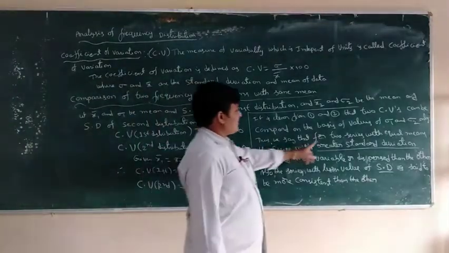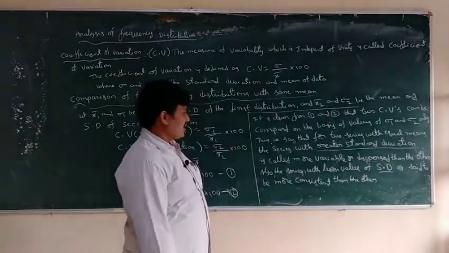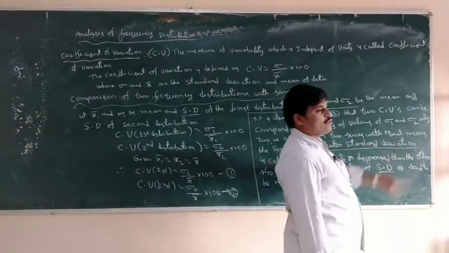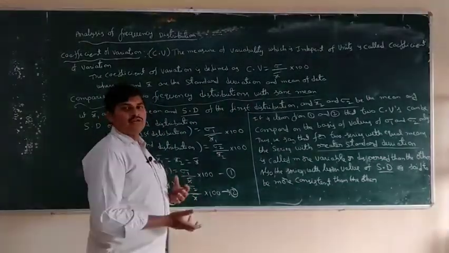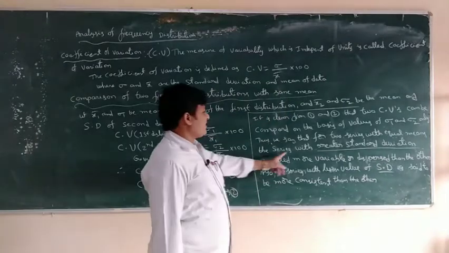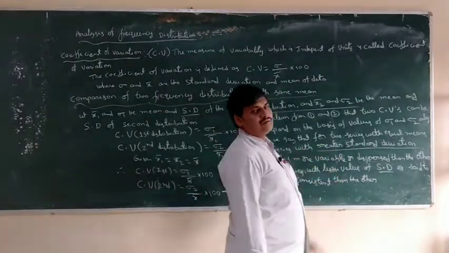So we say that for two series with equal means, the series with the greater standard deviation, the biggest value, is called more variable.